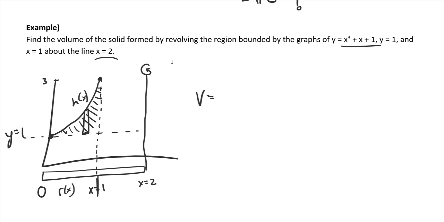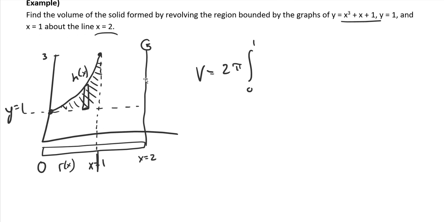So the volume is equal to 2 pi times the integral from 0 to 1. Now, what is my h and what is my r? Well, my h is just the function. Okay? It's just the function, but what do I got to do? Well, I'm actually subtracting off the line that it's supposed to rotate around, right?